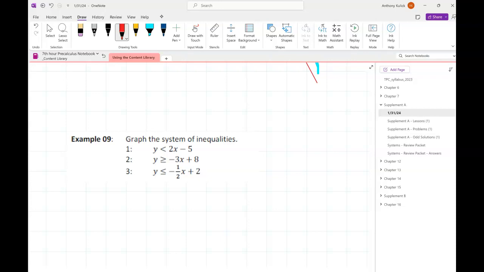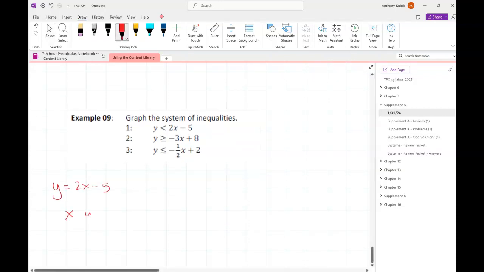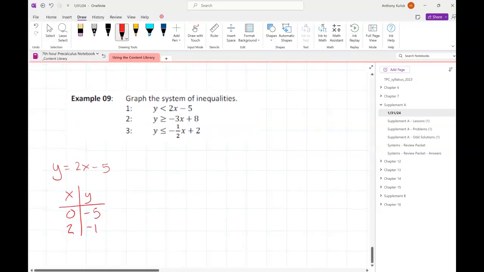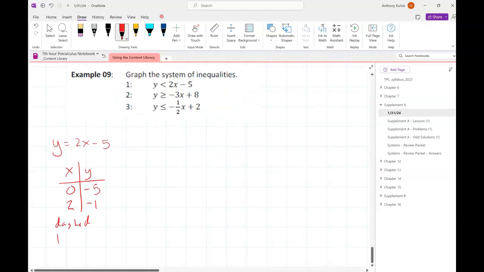But the good news is they're all in slope-intercept form already. That's nice. So the first one, our xy, would be, let's do 0, negative 5, and then 2, and that would be negative 1. This should be dashed, and we should be shading below.